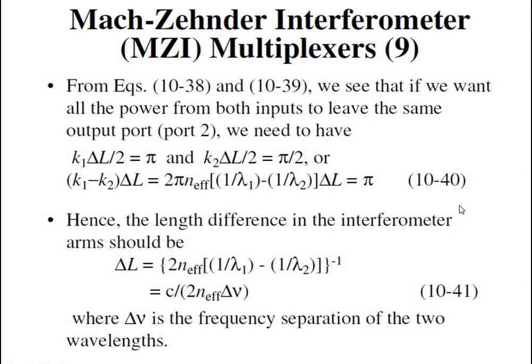Hence the length difference in the interferometer arms should be delta L equal to 2 n effective into (1 by lambda 1 minus 1 by lambda 2) inverse, which is equal to C divided by 2 n effective delta nu, where delta nu is the frequency separation of the two wavelengths.